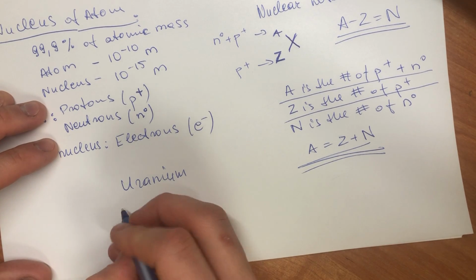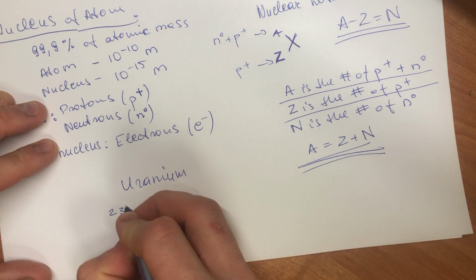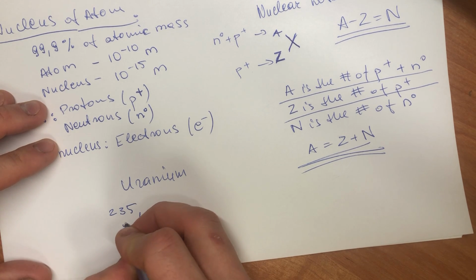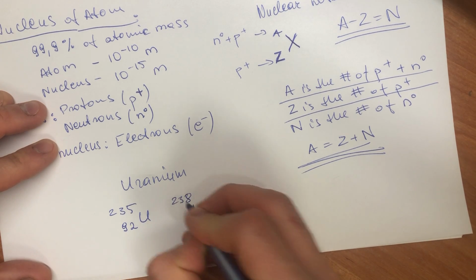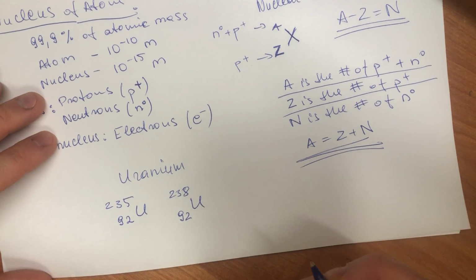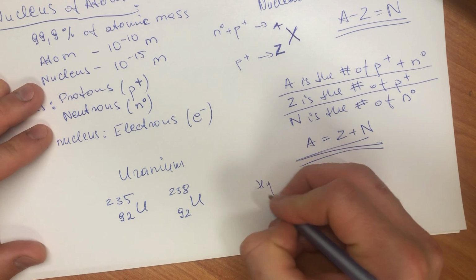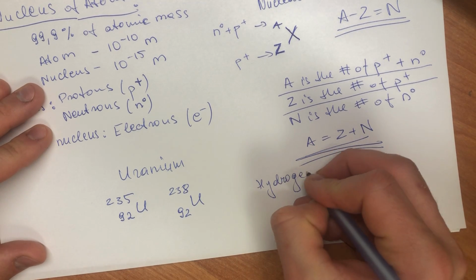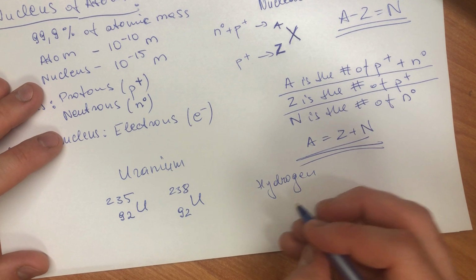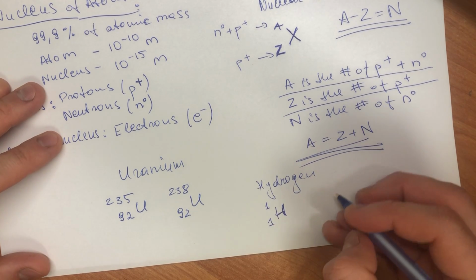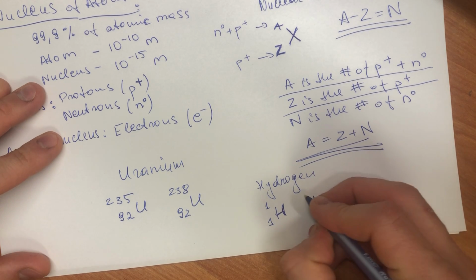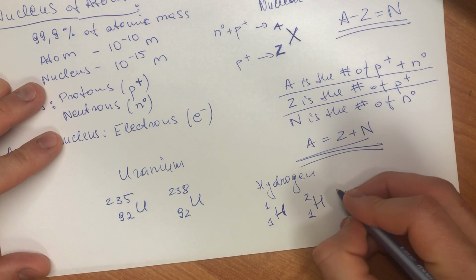There is U235 with 92 here, and U238 with 92 here. Or hydrogen isotopes can be H11, H21, H31.